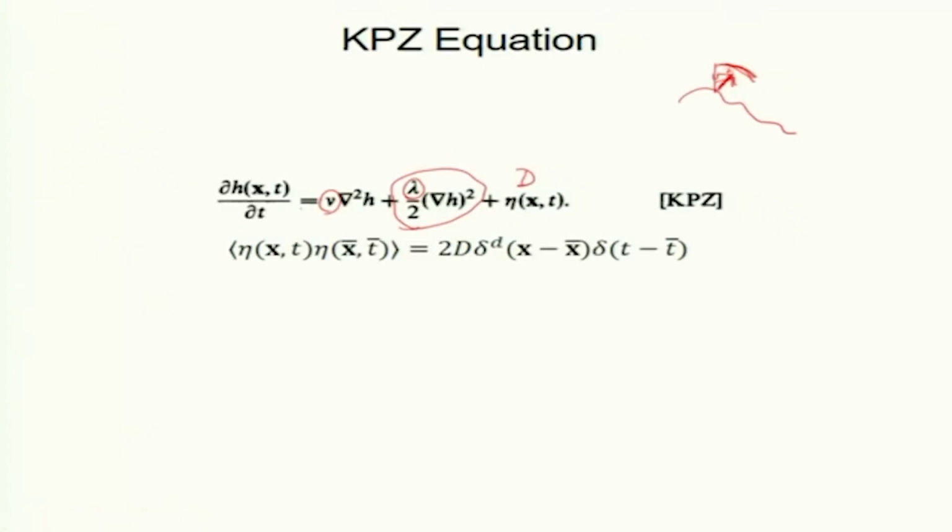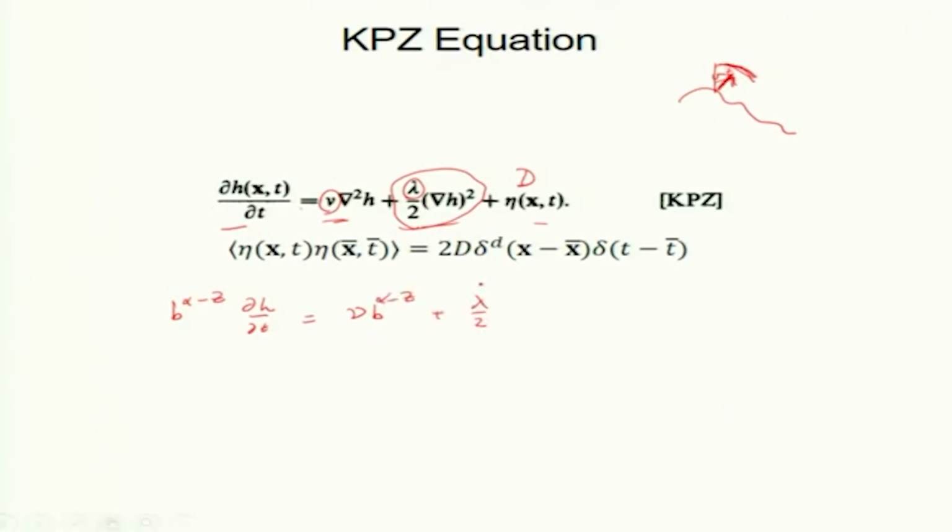Let us do the scaling argument first, a simple one, and you will see some hint. I did this before, so the other terms were there before, but this new term has come. I am just going to copy from my earlier notes: dh by dt equals nu b to the power z minus 2, no sorry, alpha minus z, plus lambda by 2.